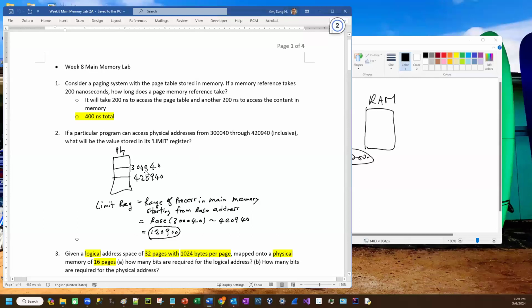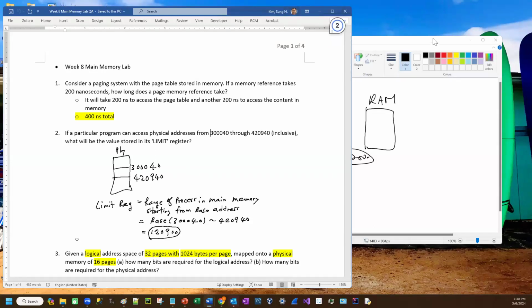Okay, so the limit is, I don't know if I mentioned it when I went over the worksheet, the range from the base. If it starts here, at 30040, and it ends here, then the limit of that process is just the difference between the two.